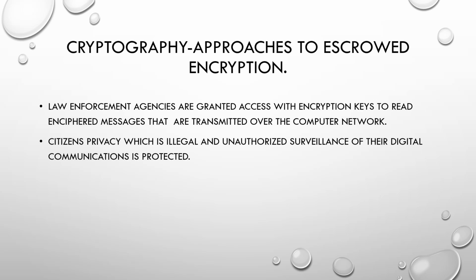So with this process, citizens' privacy is protected from illegal and unauthorized surveillance of their digital communication. So whatever methods the law enforcement agency uses, it also needs to be mindful of citizens' privacy when accessing encrypted information.